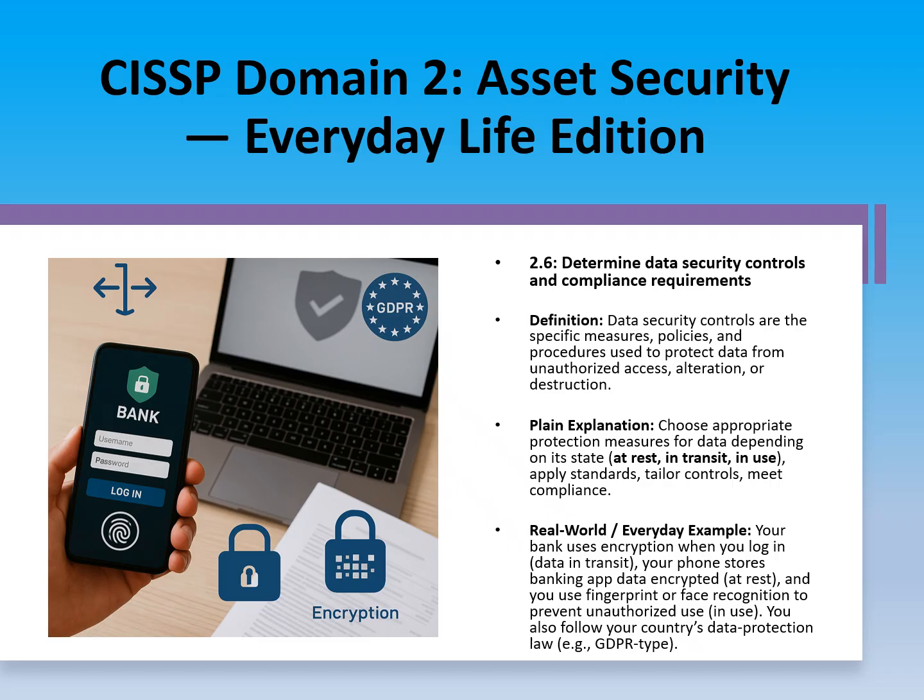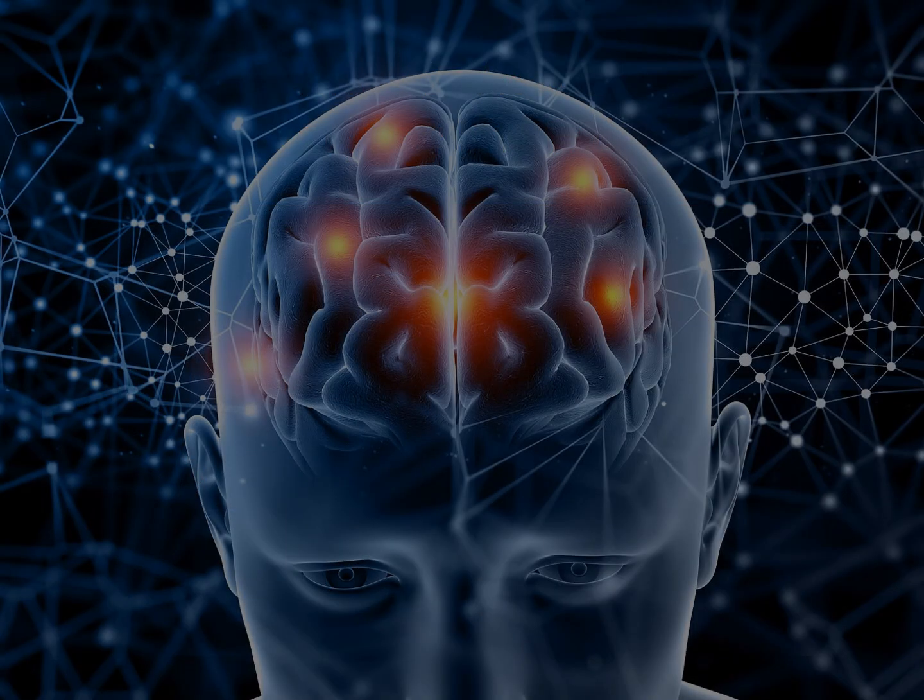Your phone encrypts stored app data, and fingerprint login adds in-use protection. Combined, these layers align with privacy laws like GDPR and National Data Protection Acts. Remember, strong security isn't about just encryption. It's compliance, accountability, and smart design all working together.